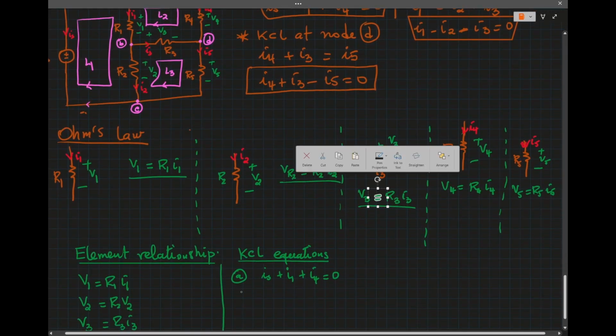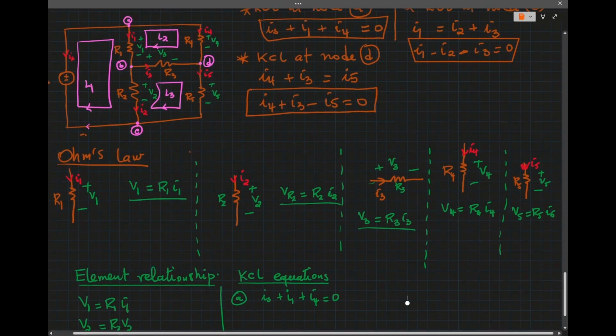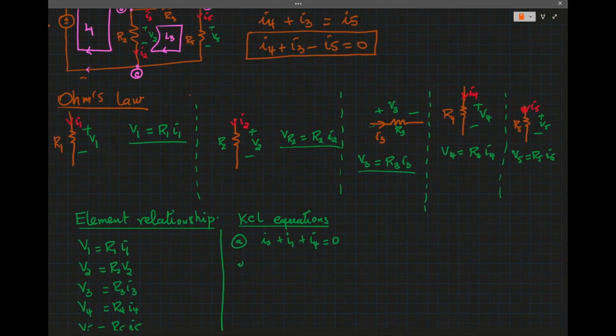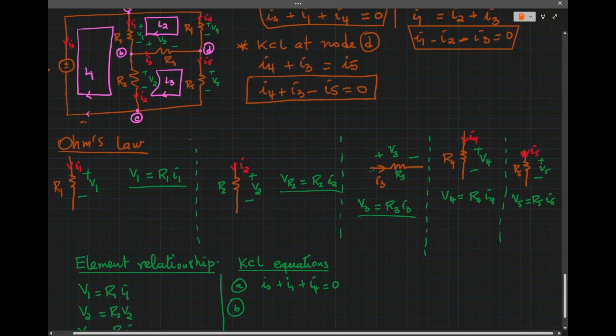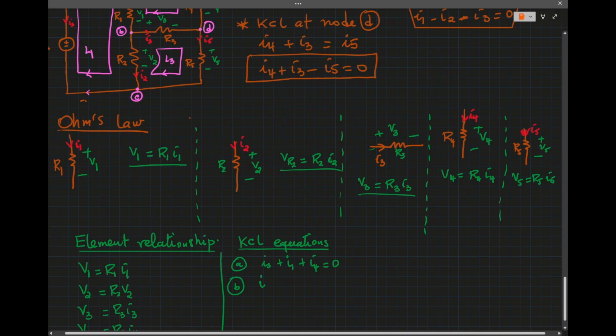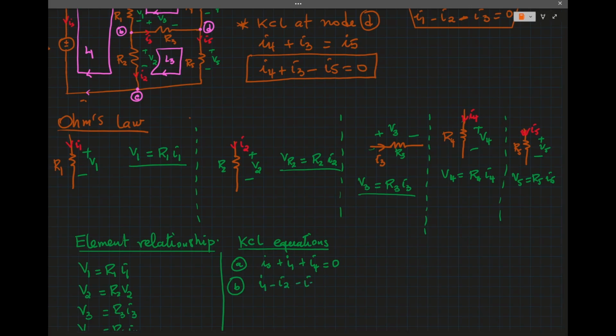Then at node B, we have I1 minus I2 minus I3 equals 0.